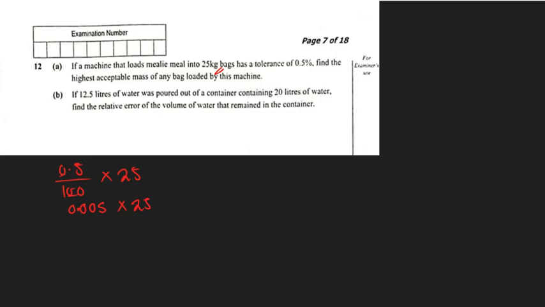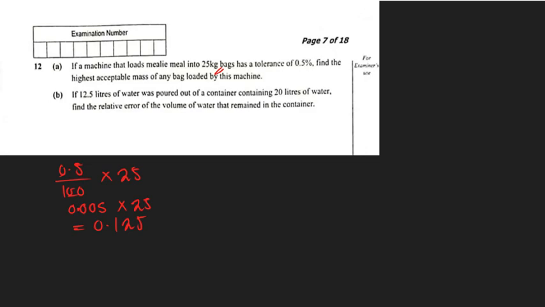So if you multiply this by 25, you're going to get something like 0.125. Now, this value that you have gotten, they are saying your acceptable maximum value.